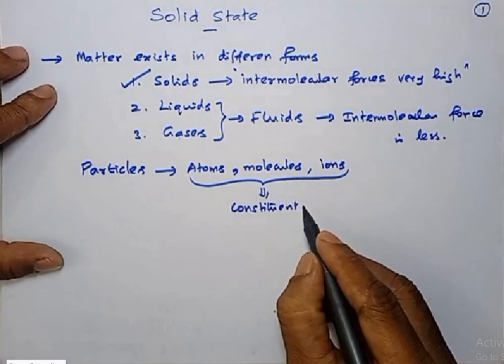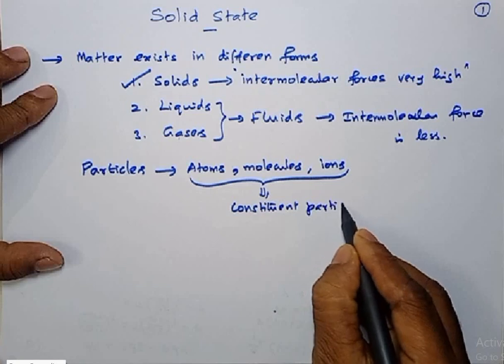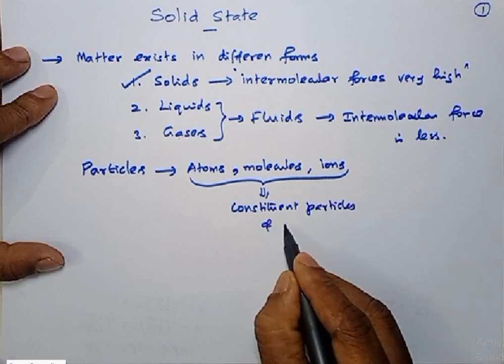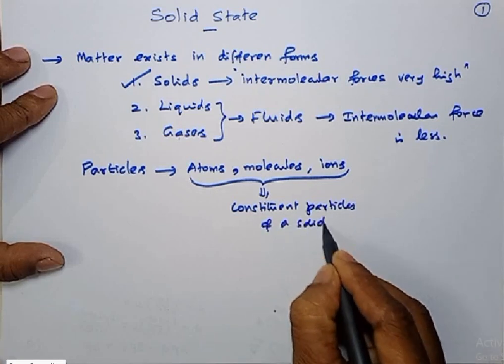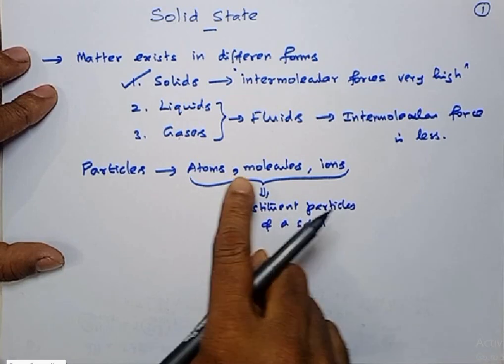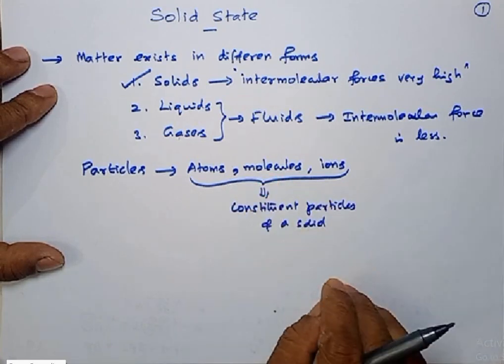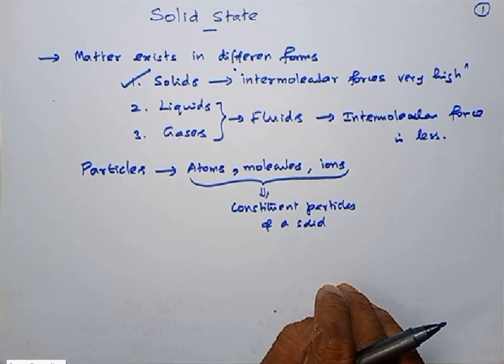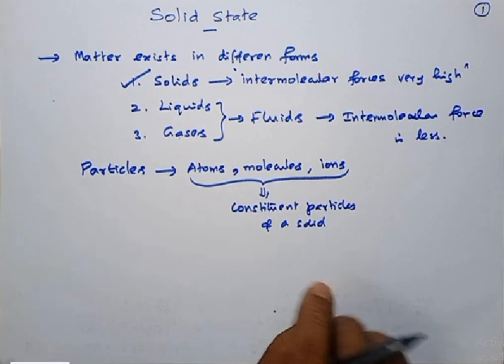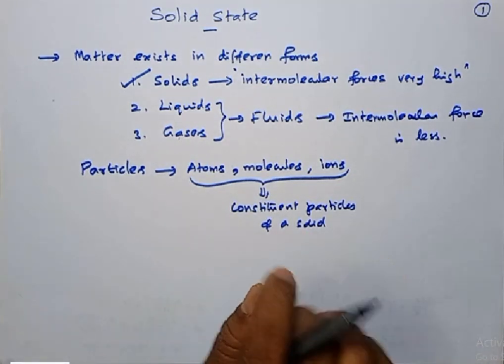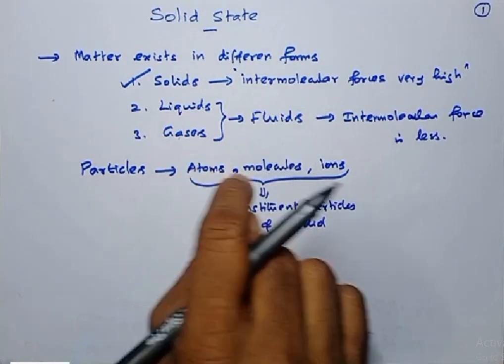Constituent particles of a solid may be atoms or molecules or ions. So hereafter I am going to use the term constituent particle simply. I am not going to use the term atom, molecule, ions here.